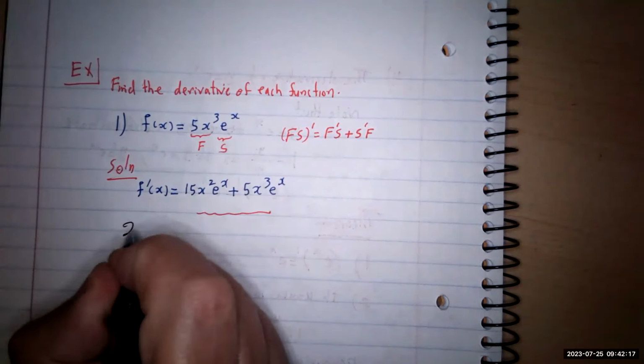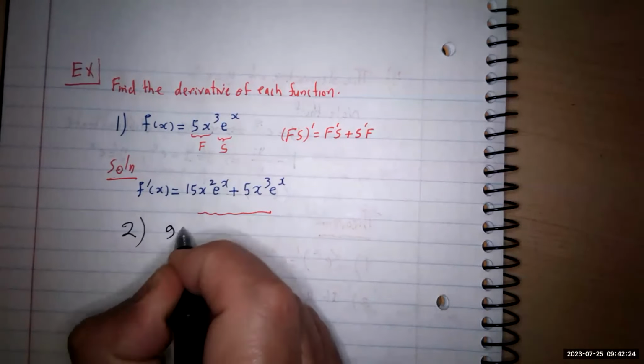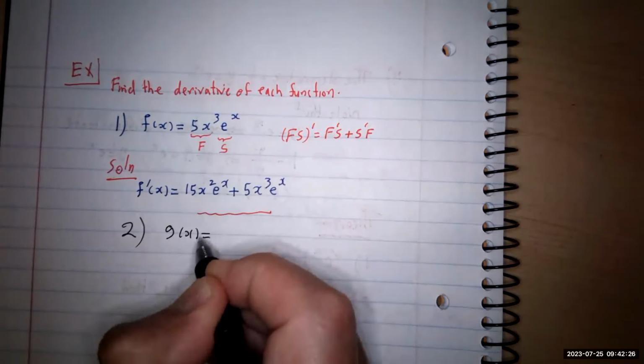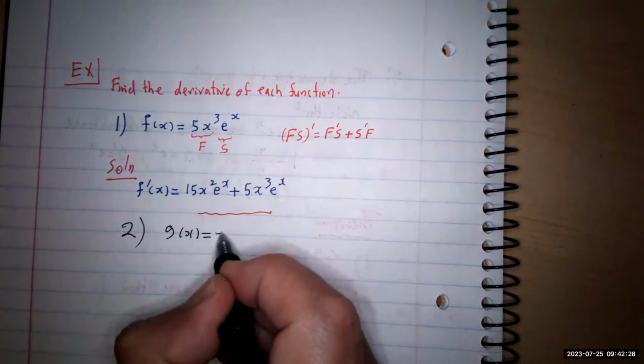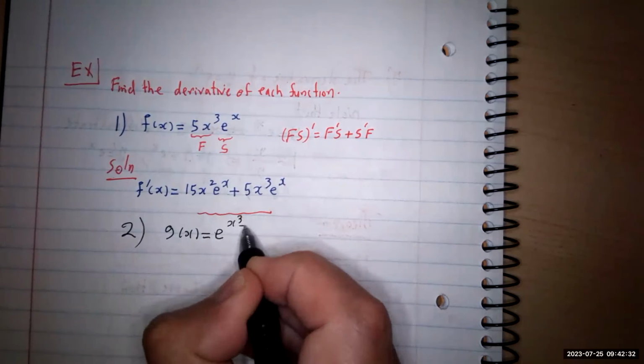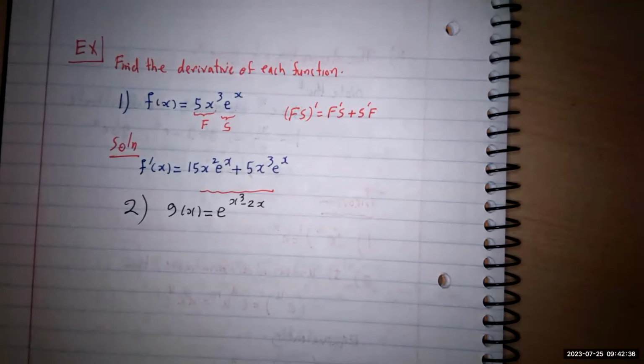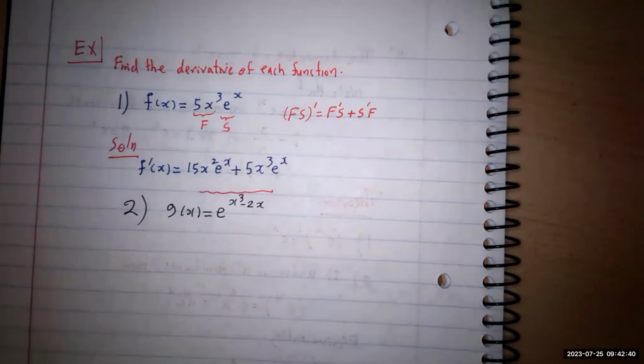Second one, there are only two groups. The second one is this one, g of x equals e to the x cubed minus 2x. You see this one? This is not e to the x, it's e to the something else.